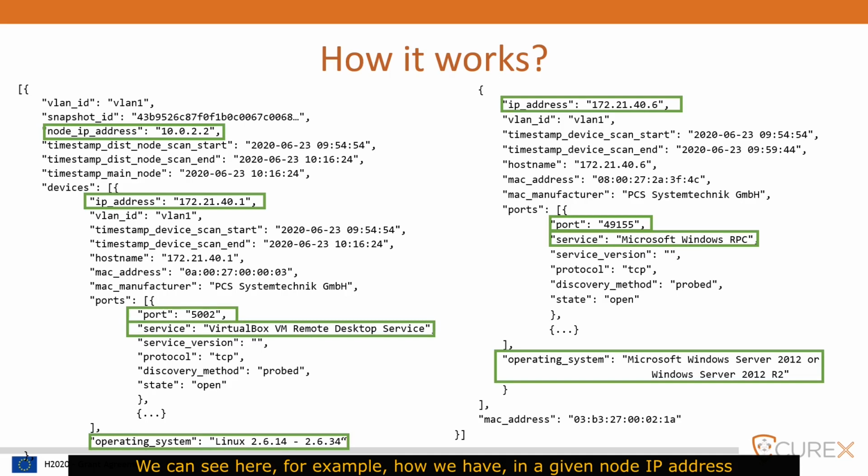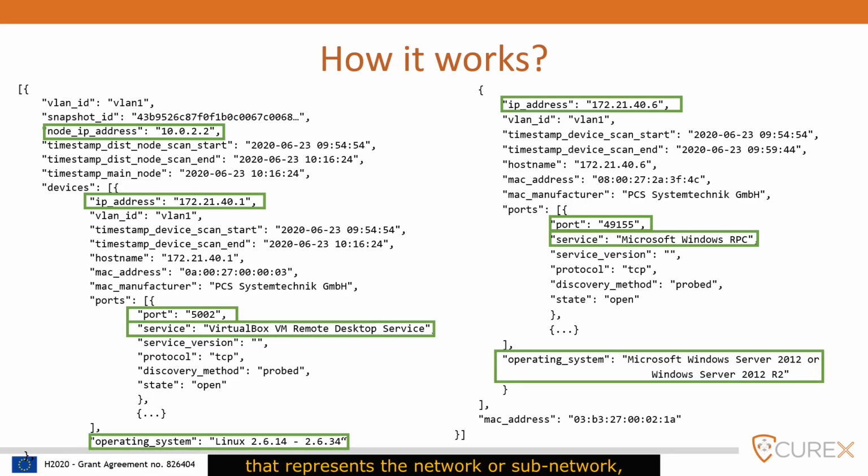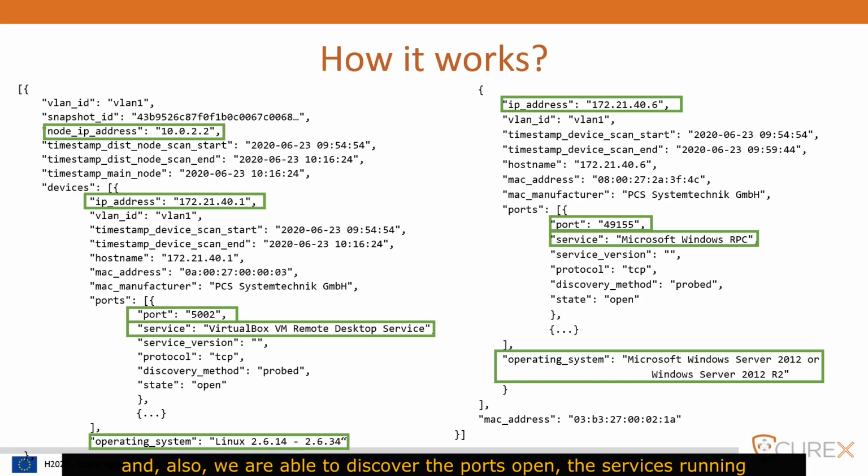For example, in a given node the IP address represents the network or subnetwork. We have two devices with two different IP addresses, and we are also able to discover the open ports, the running services, as well as the operating system when this information is available.